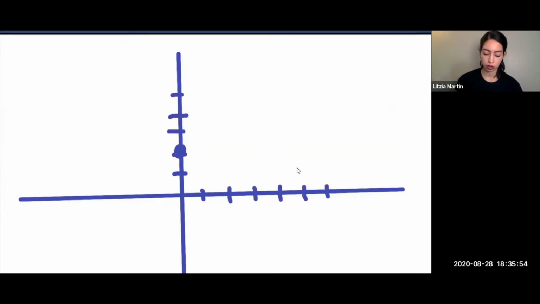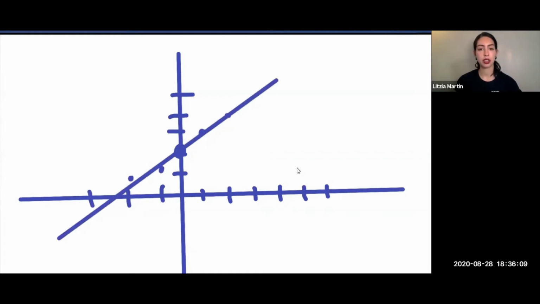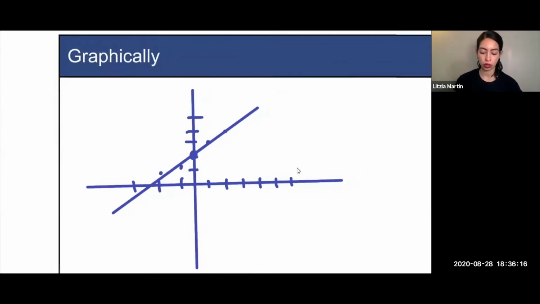So we can just go up 1 over 1, up 1 over 1. We can go down 1 over 1. And that gives us our line. Sorry, the dots aren't perfectly lined up, but that's okay. So there's our x plus 2 graph.